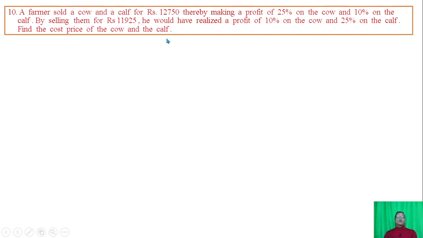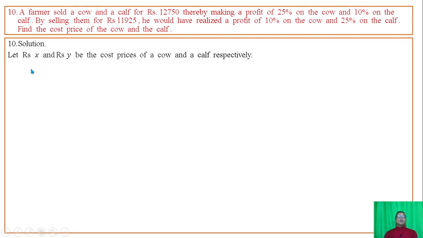Let rupees x and rupees y be the cost prices of a cow and a calf respectively.